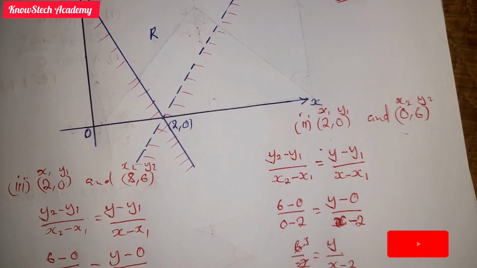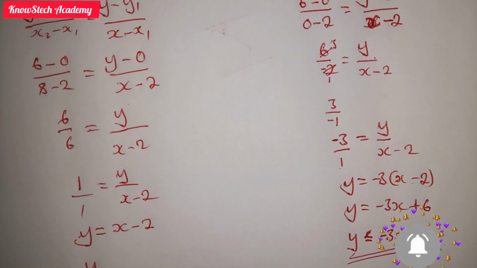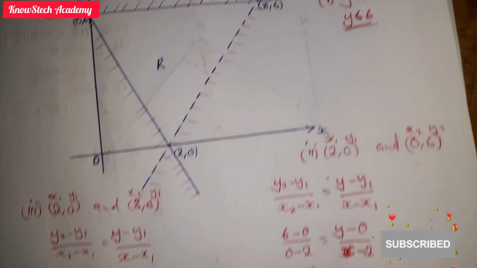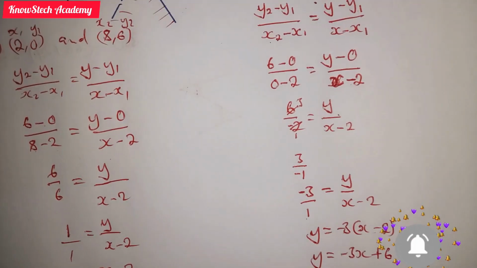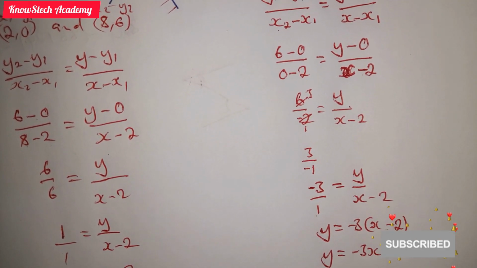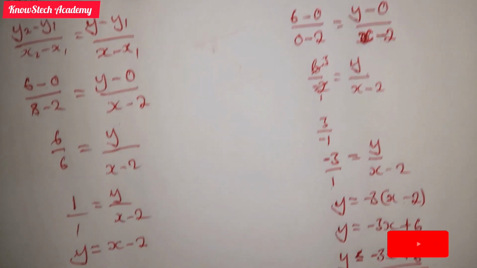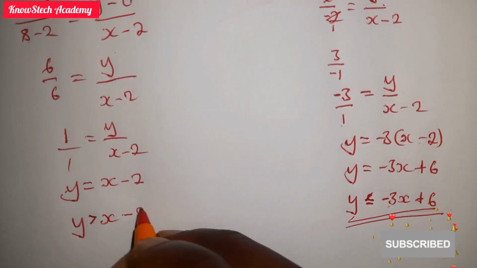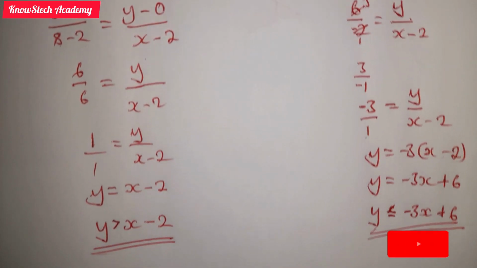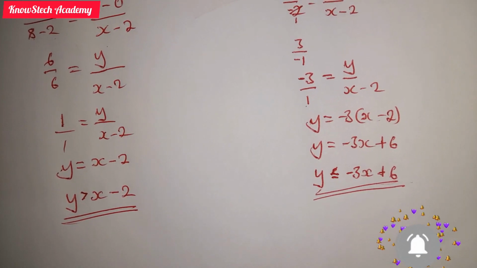So here we'll write y is greater than. Now this is a dashed line, so it will be just greater than, not equal to, x minus 2, and this is the answer. So that's how you solve these inequalities.